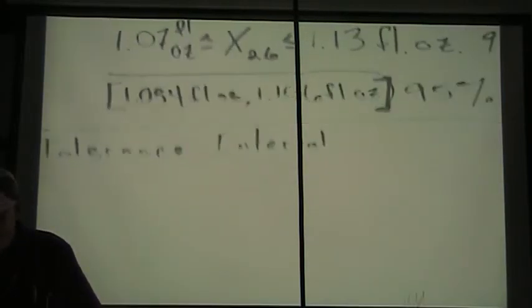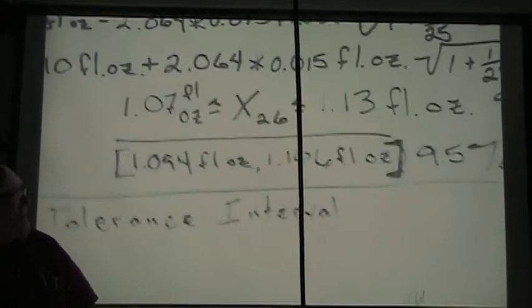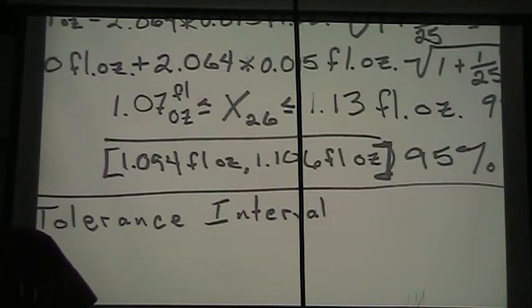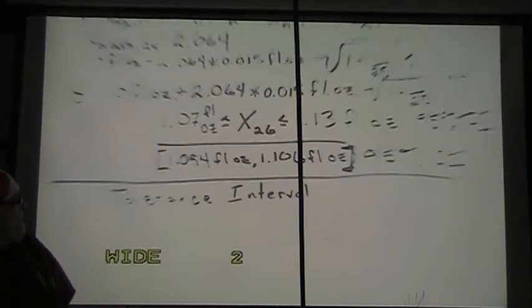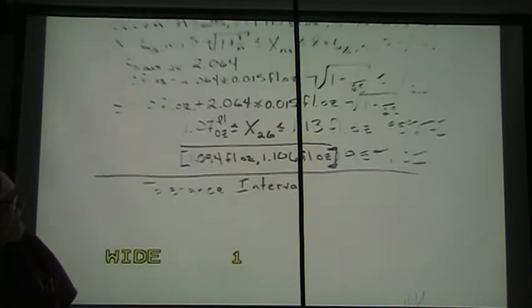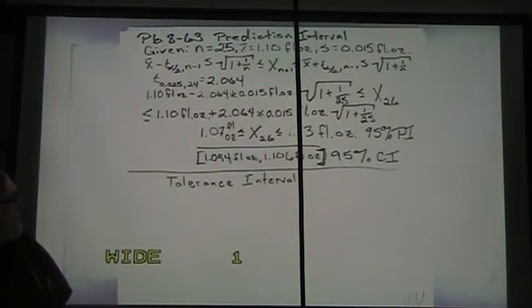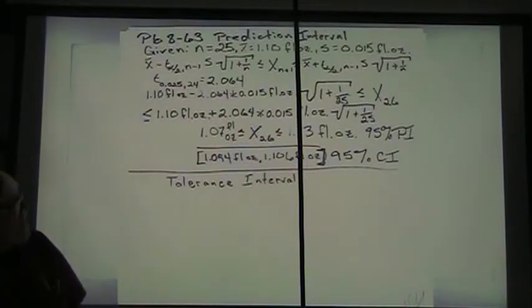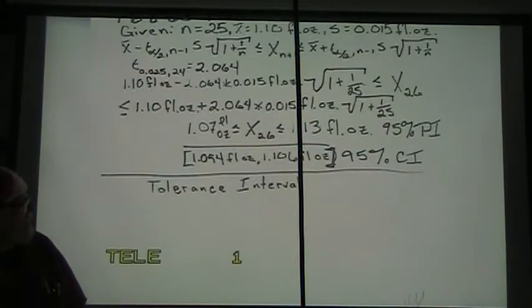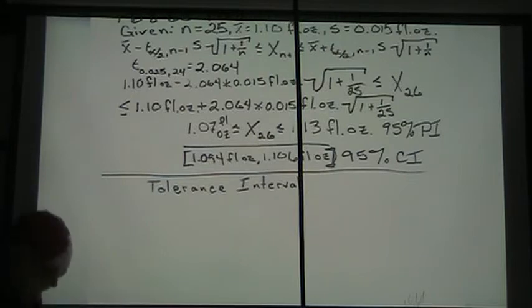But I digress. All right, so let's widen this out so we can see the edges of the paper, because I have a bad tendency to write right up to the edge.